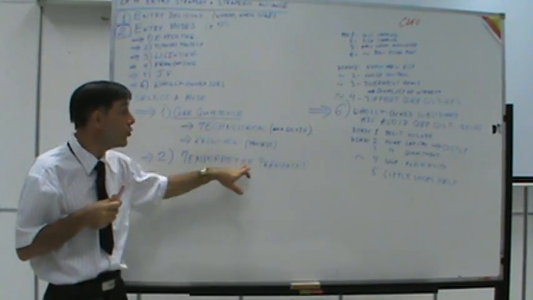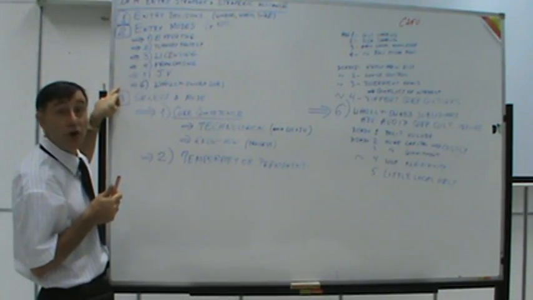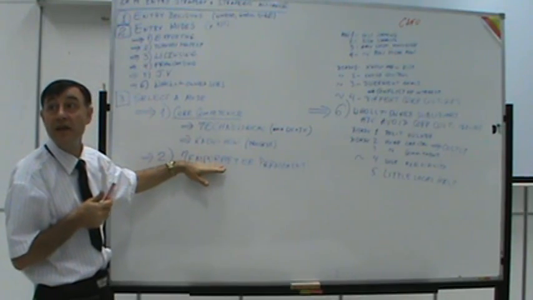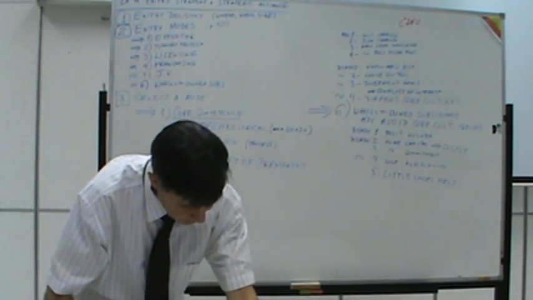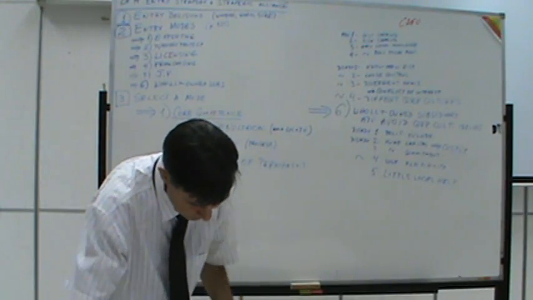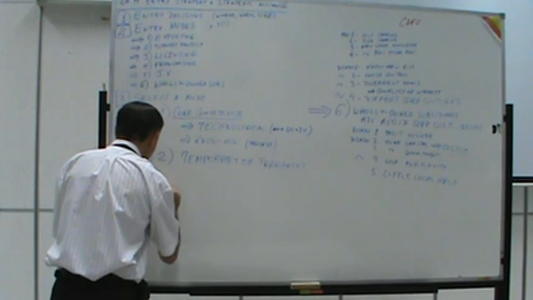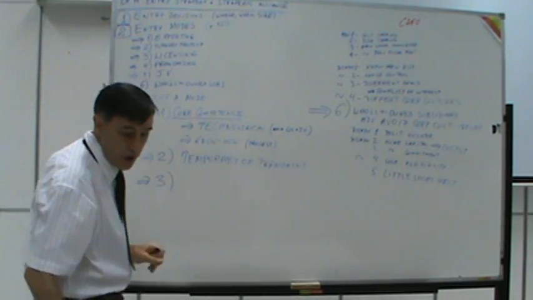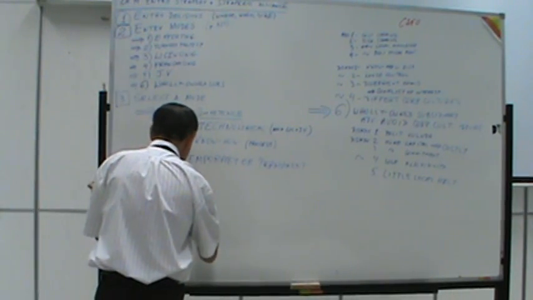And your strategy will be totally different, meaning your entry mode will be totally different depending on how you perceive your core competence. Let's see what else. And the other, of course, number 3, will be competitive pressures.